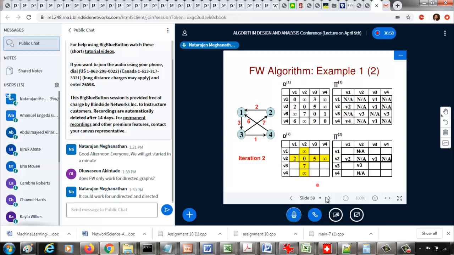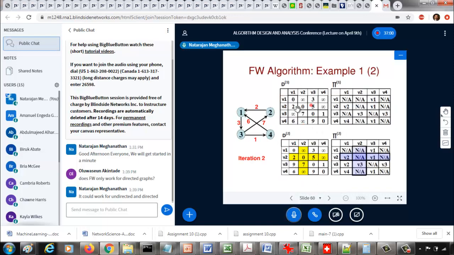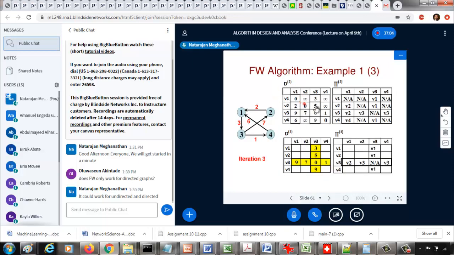So at the end of the second iteration, whatever distance values we end up with are the best possible distances that we can have from one vertex to any other vertex, by considering only vertices 1 and 2 as the possible intermediate vertices.